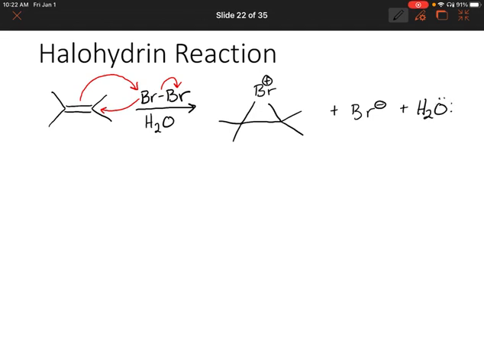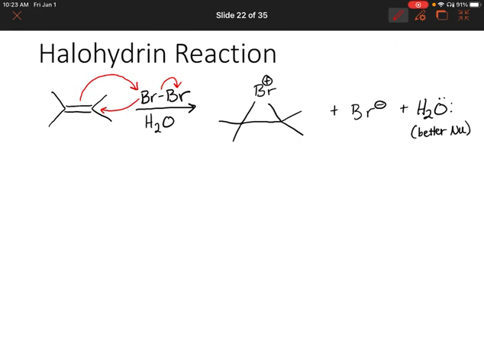Okay, so now what's going to happen next? Well, you could have an attack by the bromide ion. That can occur to a small extent, but actually the water molecule is going to be a better nucleophile. So it's going to attack one of the carbons in our bromonium ion.